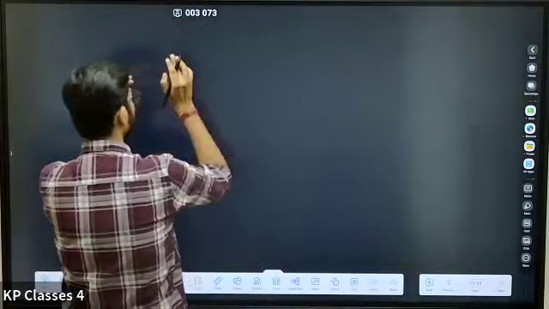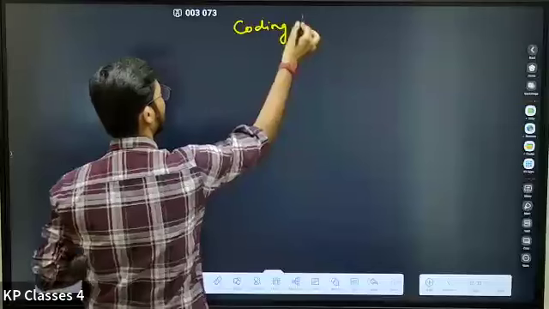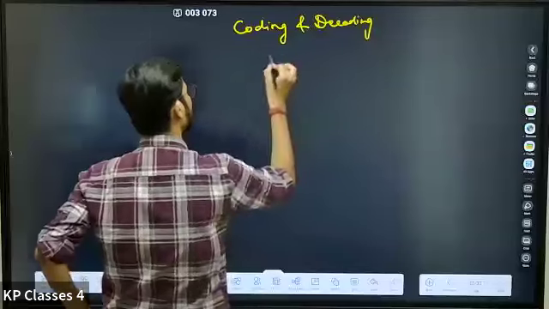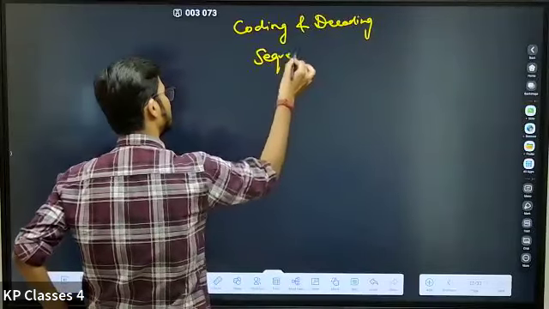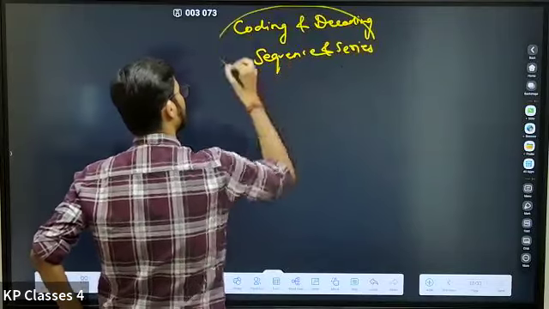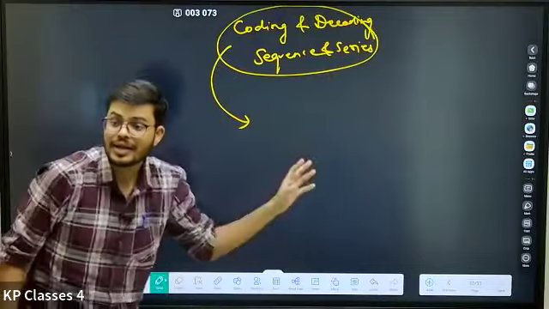Then after that, there is one more topic called coding and decoding, and sequence and series. They are interrelated. When I'm saying coding and decoding, any pattern can be given.